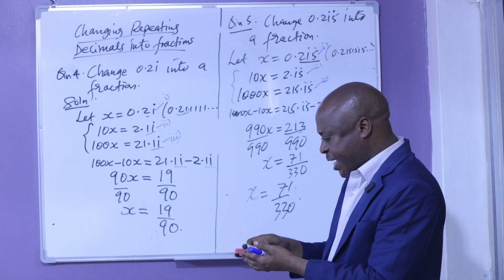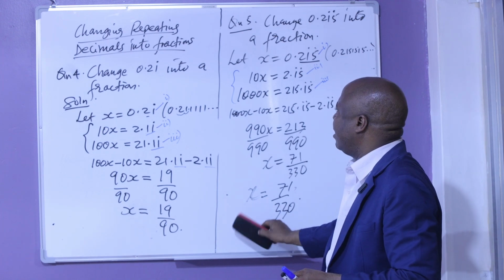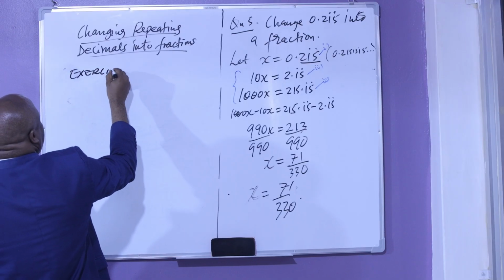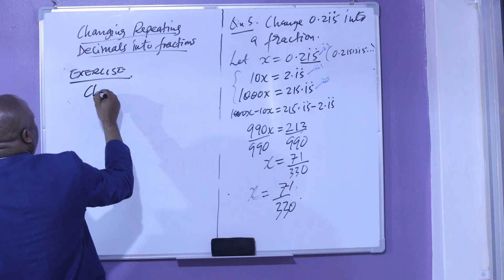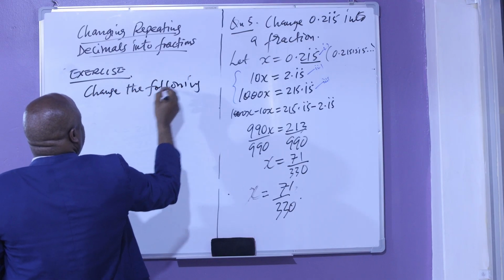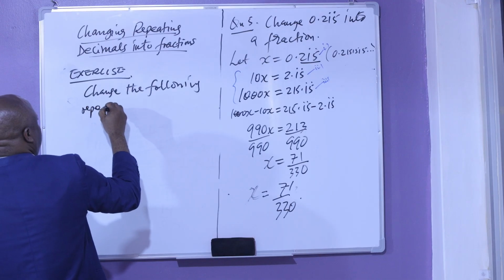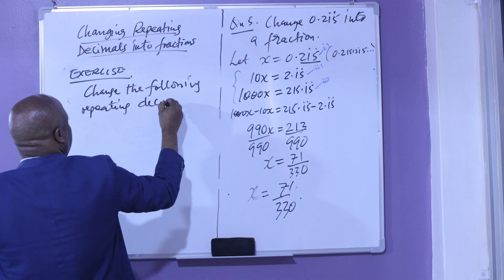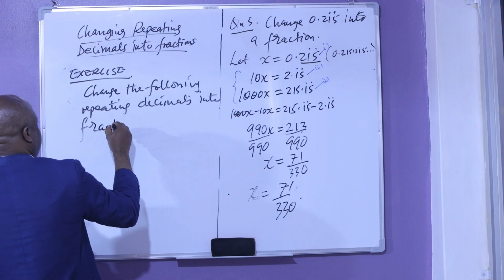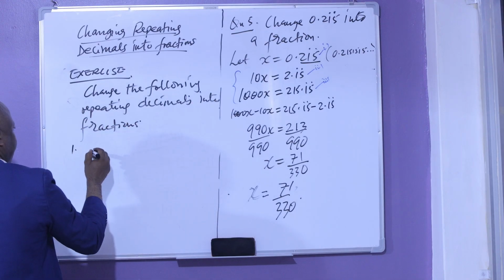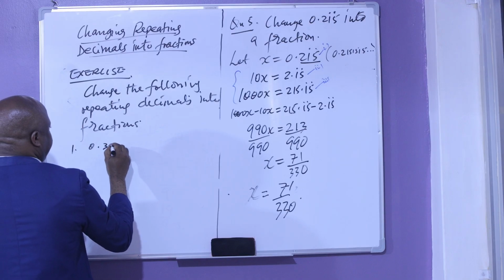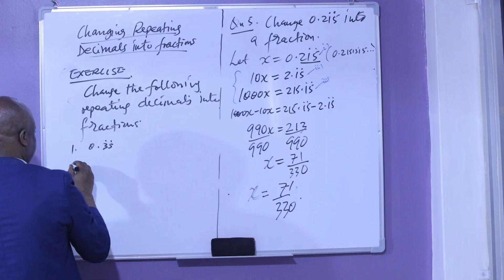So you can try the following questions after understanding this. So do this simple exercise. Change the following repeating decimals into fractions. Number 1, 0.35 dot dot.